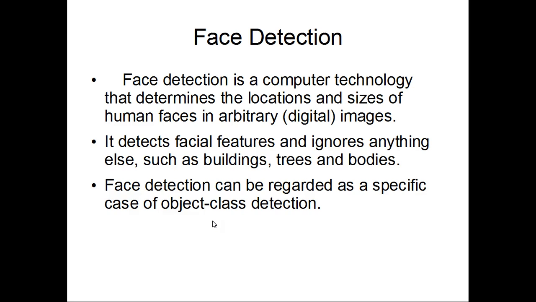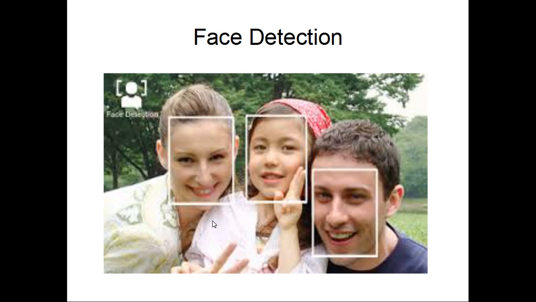It detects facial features and ignores anything else, such as buildings, trees, bodies, and anything else which can be in the background. It can also be regarded as a specific case of object class detection, which by definition means grouping of different objects of the same class together, say, eyes. If you take it as a class, we group them together as one.